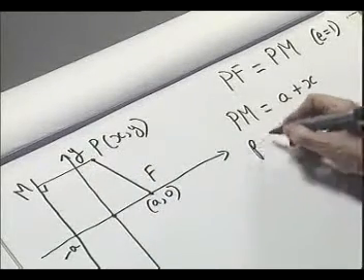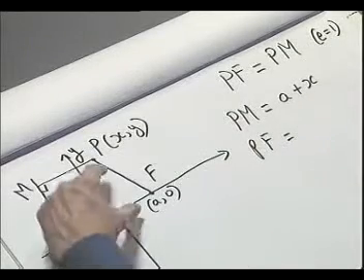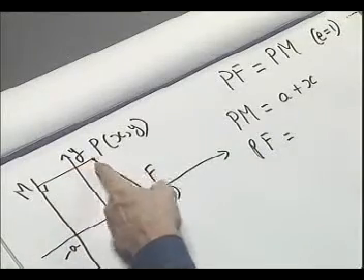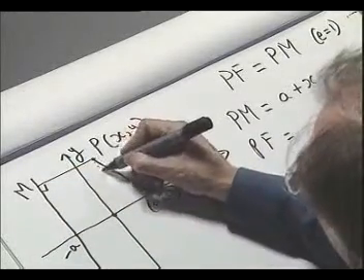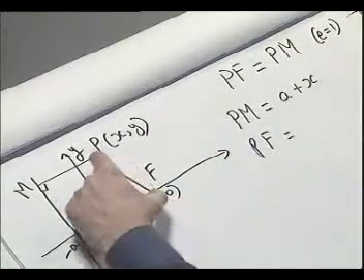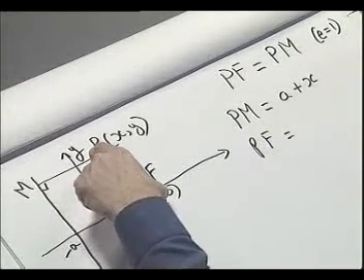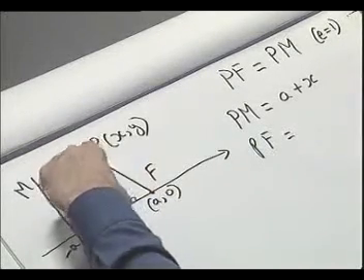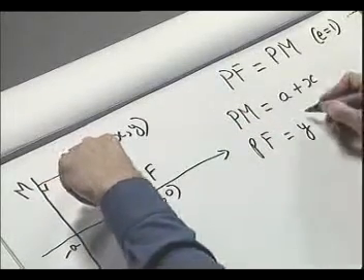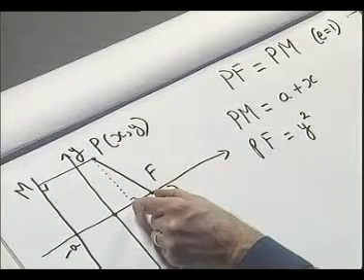What about PF? As we look at PF, it's the hypotenuse of a right-angled triangle, which we can form by dropping a perpendicular down there. So PF squared will be equal to that squared, which is just the height, y squared, plus that squared.